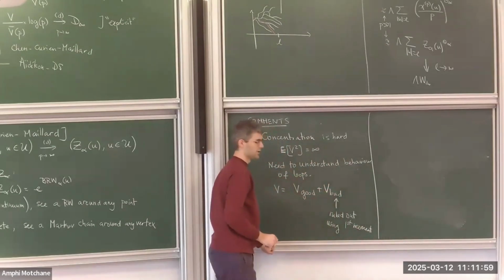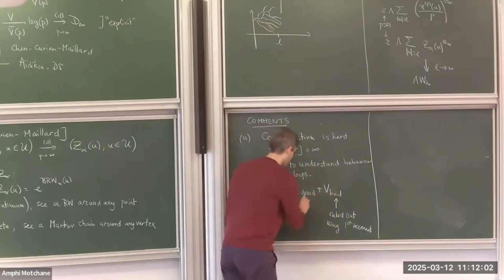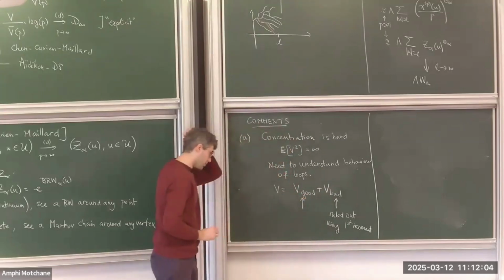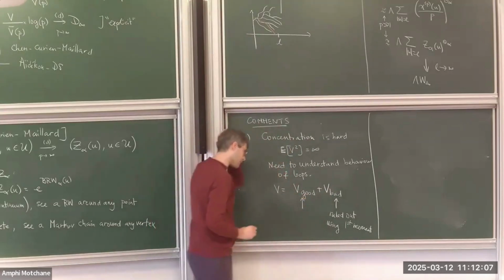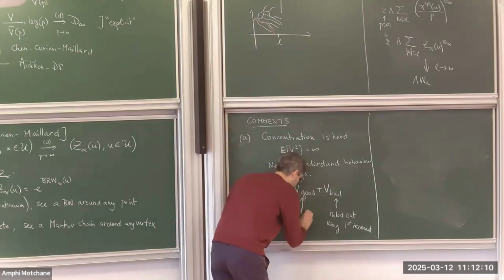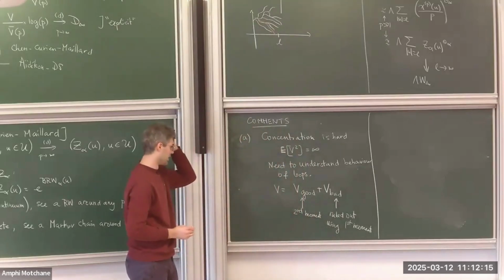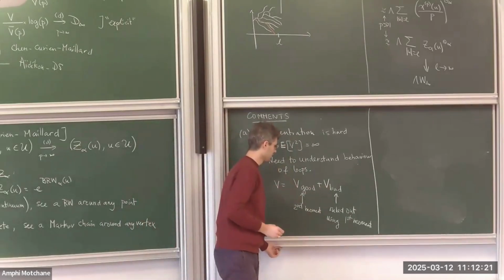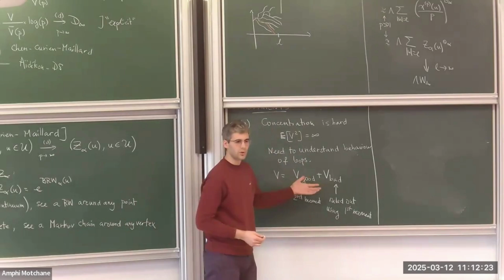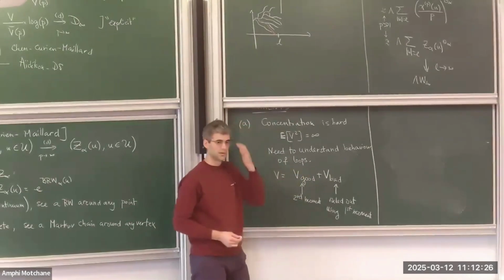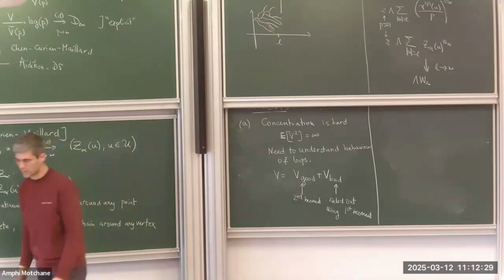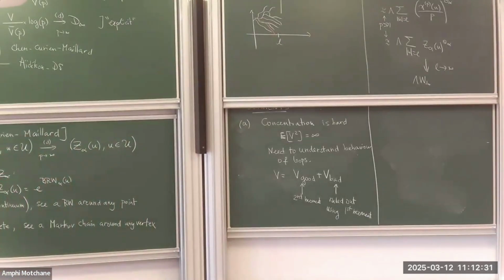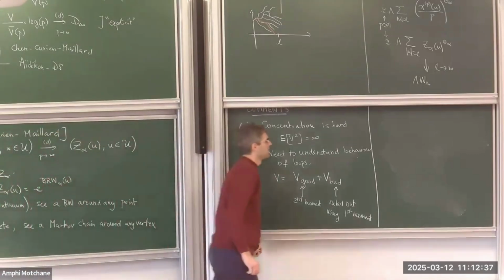These would correspond to loops which are atypical in the system. And we have the remaining portion of the volume which corresponds to typical loops, where we have good control through the second moment. So this is the square integrable portion of the volume once we remove this. But coming up with a classification of good and bad loops is the tricky part. It's not clear at all from what I said. Okay, so that was the first comment.